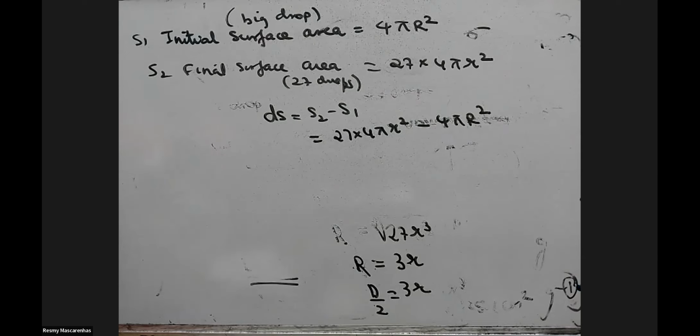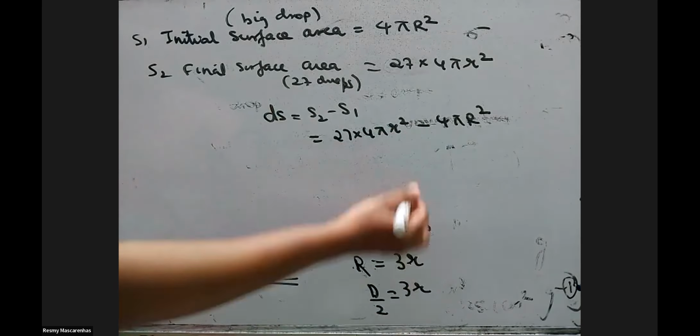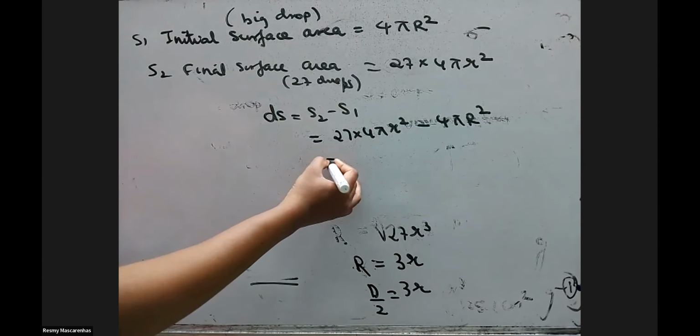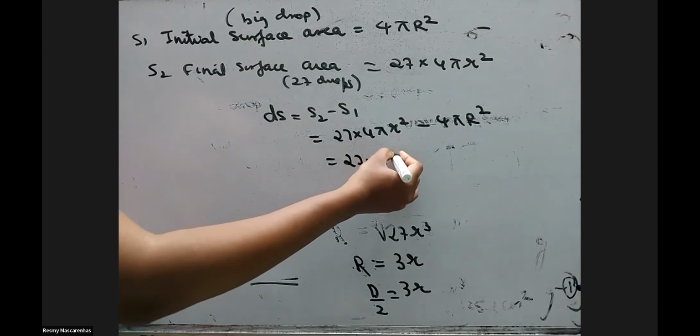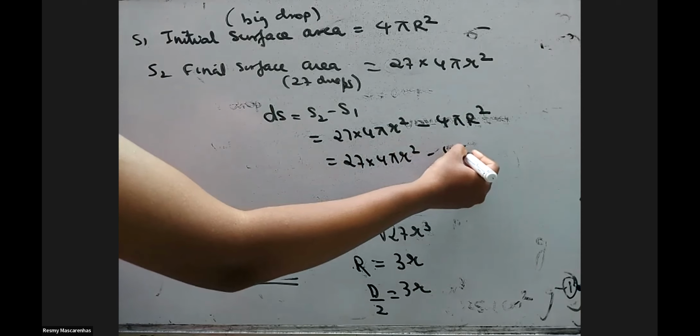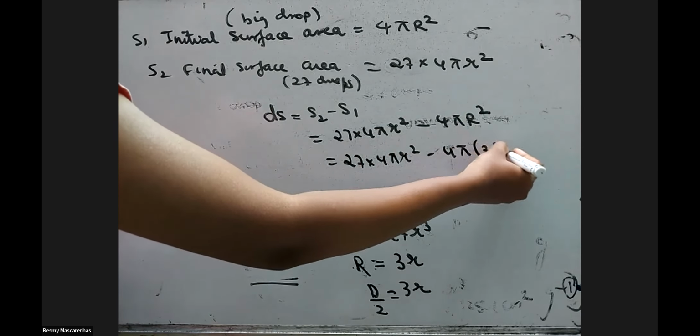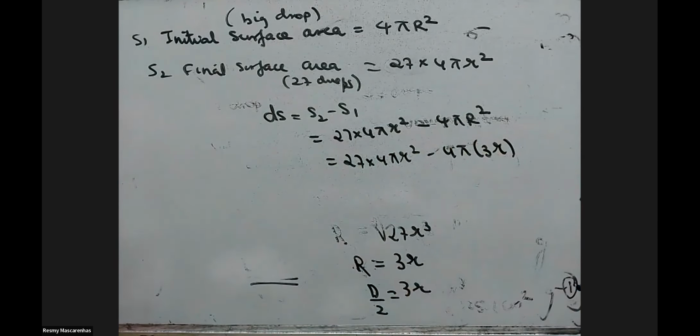If you want, you can substitute that in terms of this relation. R is 3 times r, 3 times smaller r.